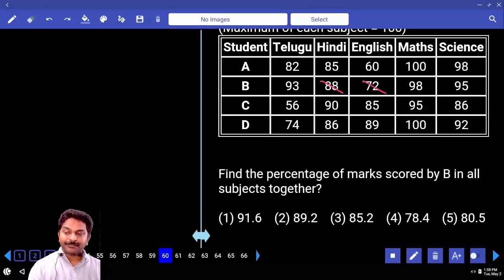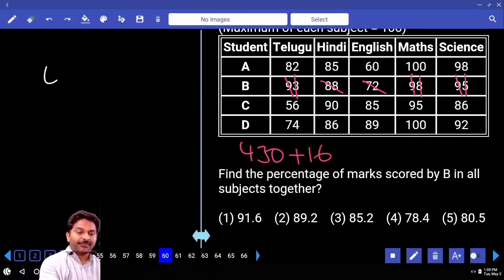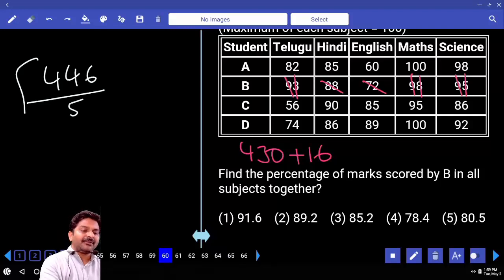88 plus 72, 160. Remember, 90, 90, 90. 270, 160, 430. Right. 8 plus 3, 11 plus 5. So plus 16 only. 4, 4, 6 by 5, how do you divide a number with 5?